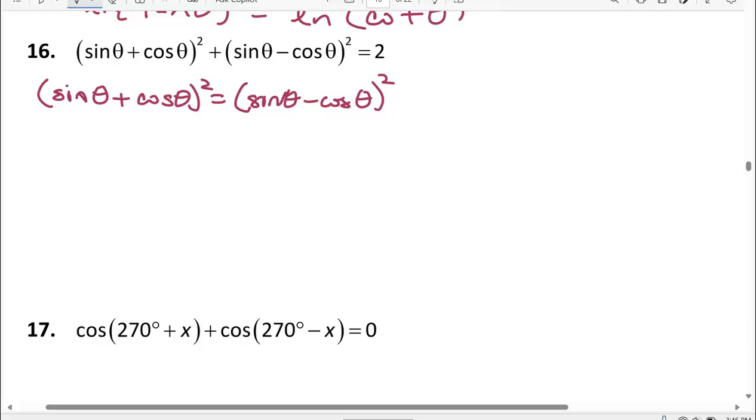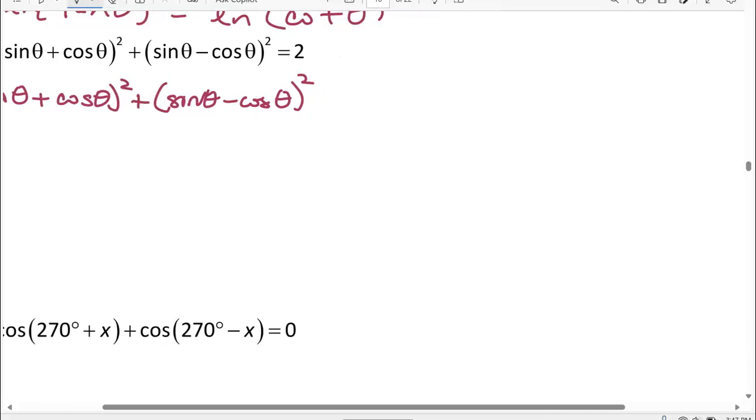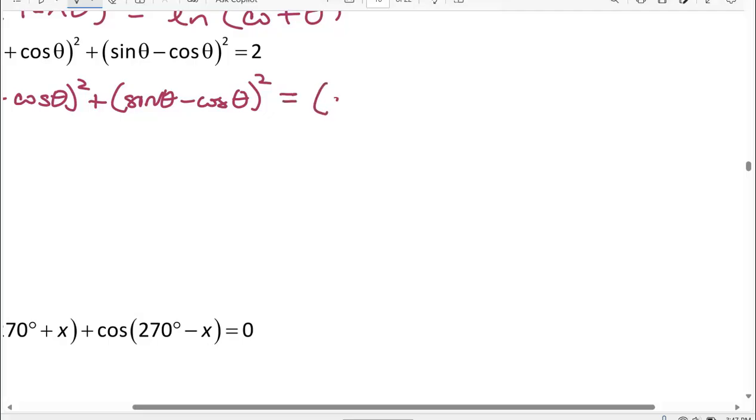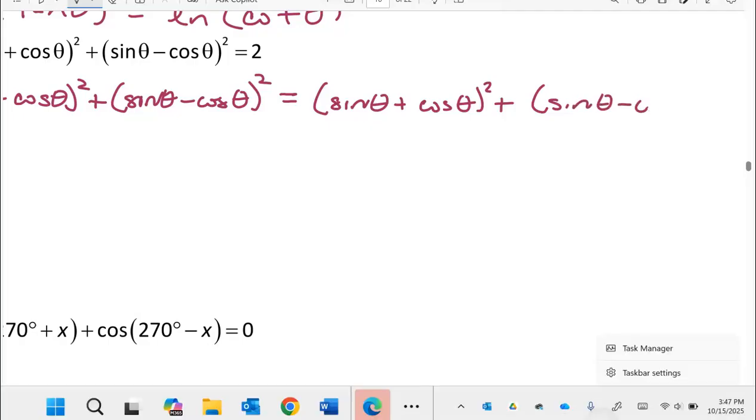Oops, I'm sorry, that is plus, and then that equals sine of theta plus cosine of theta, the quantity squared, plus sine of theta minus cosine of theta, the quantity squared.